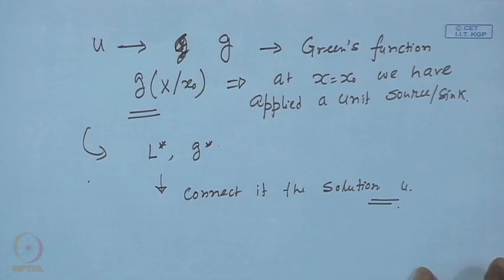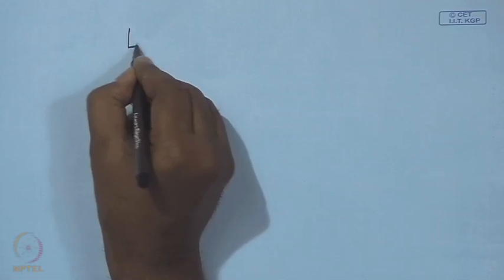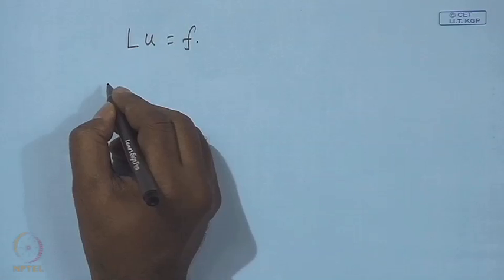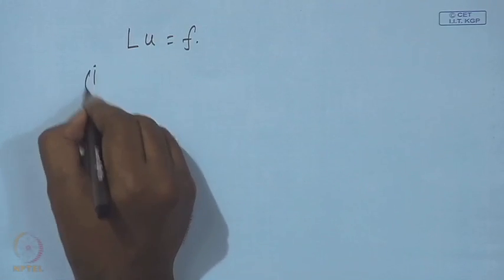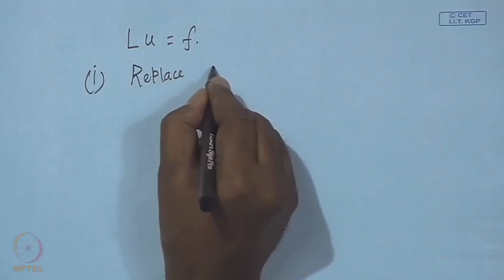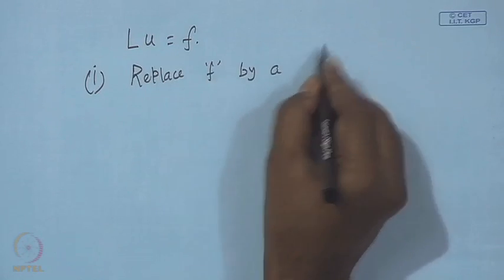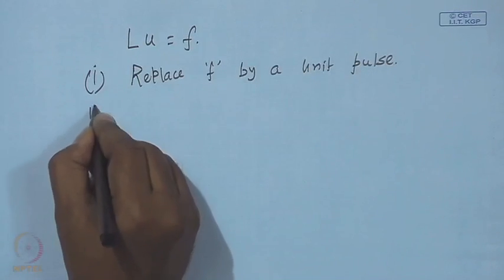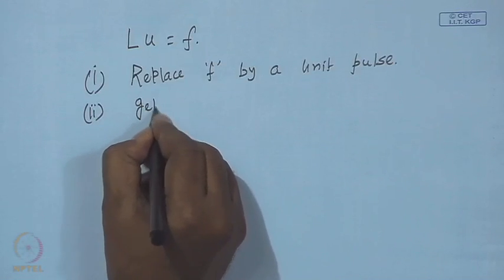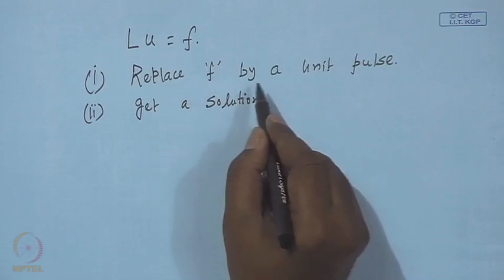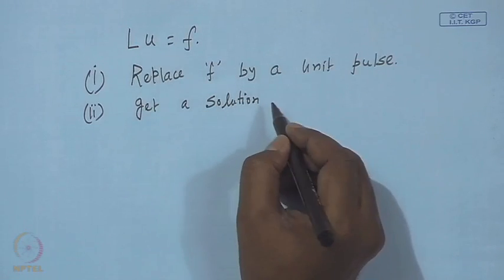Now, let us look into the steps of solution of non-homogeneous partial differential equation. If you remember, our aim is to evaluate L u is equal to f. So, step 1 is replace f by a unit pulse, get a solution. Whenever you are replacing f by unit pulse, u will be replaced by g, that is a Green's function.